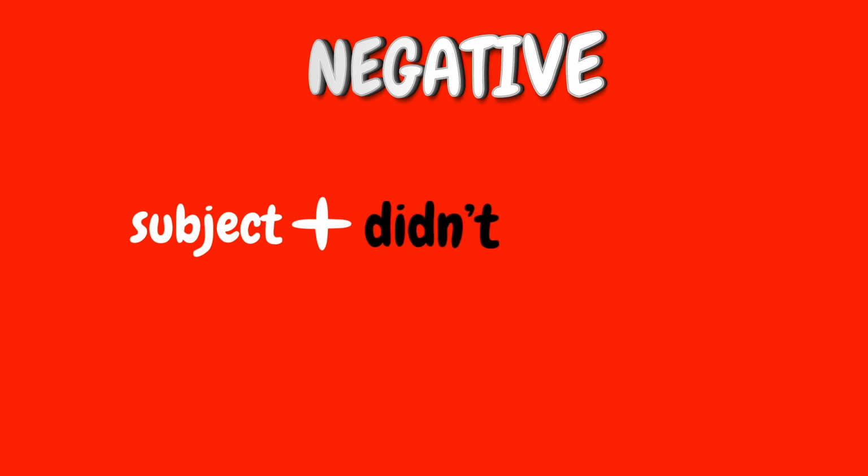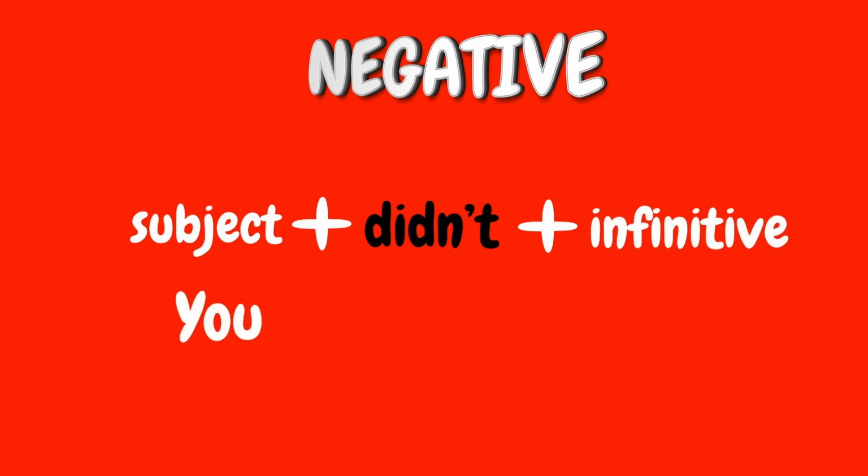Well done, students. So let's review the video lesson. The negative form of the past simple is easy. Use subject plus the auxiliary verb didn't plus the infinitive form of the main verb. For example, you didn't work.